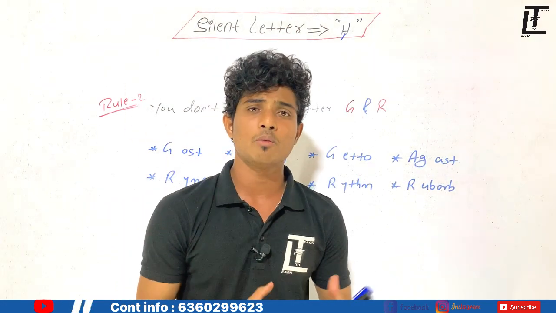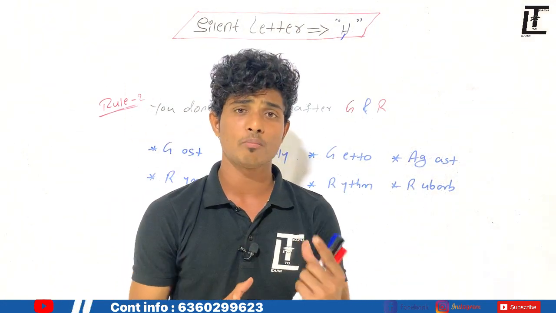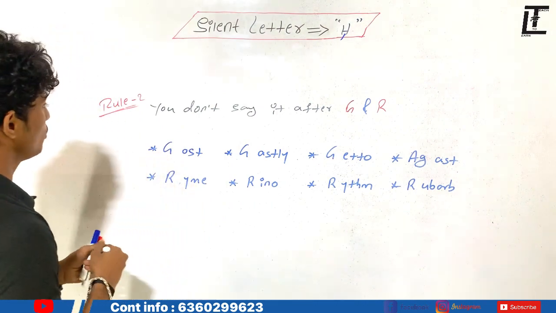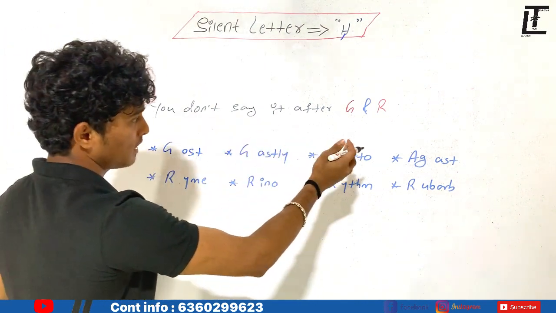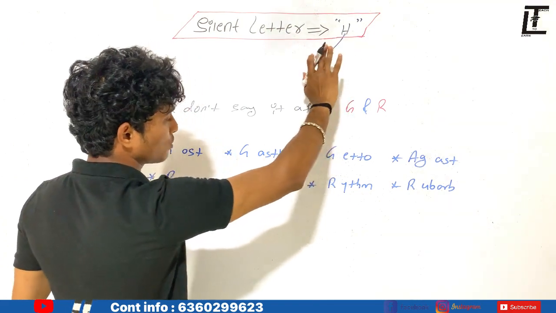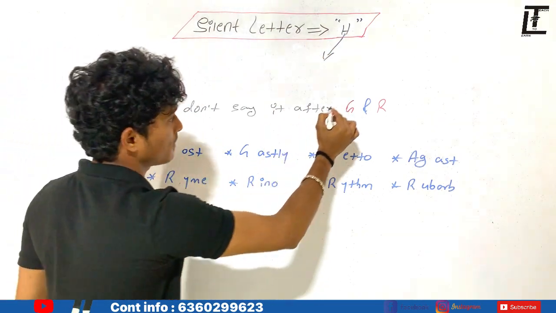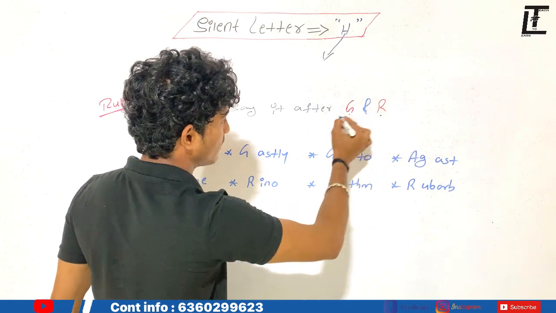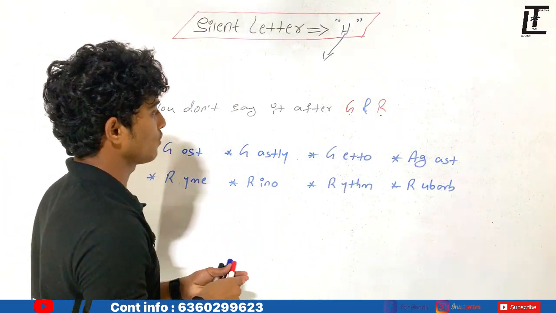We discussed rule number 1, and now rule number 2. In rule number 2, the letter H is not pronounced after G and R. See, very simple. I will make it clear. Do not worry.